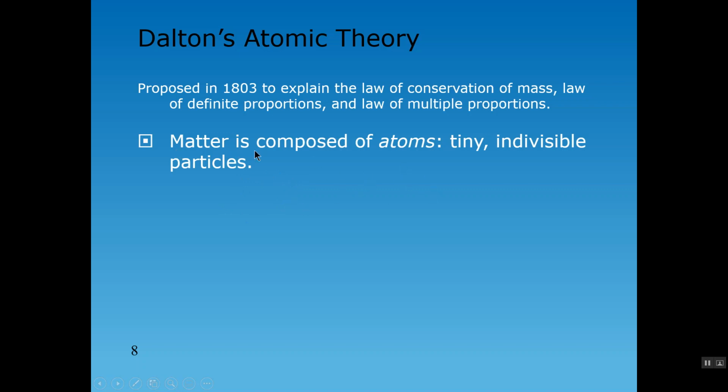We know that matter is composed of atoms. That part is true. The part that is not true is the fact that, according to this theory, the particles are indivisible. We now know that these particles actually can be broken down into simpler, more fundamental particles, namely the protons, the neutrons, and electrons. And we will talk about those different particles later on, all right?